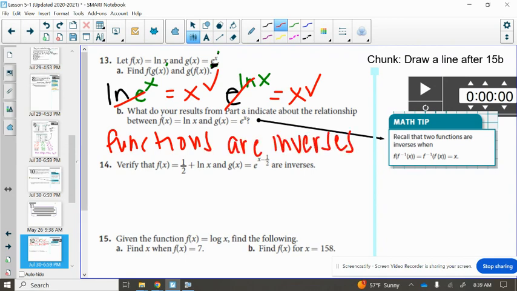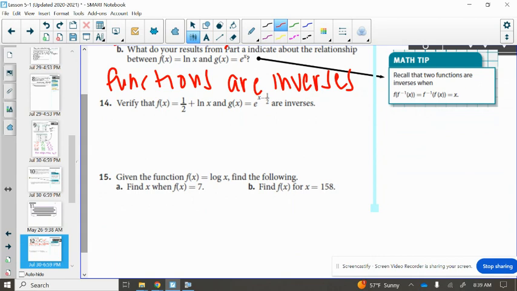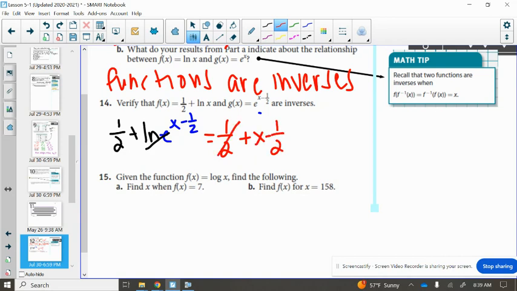All right, and if we check out one more example like that to verify with these properties, again, if I take my f of x value, 1/2 plus ln of x, I'm going to plug in for x my second part here, so e to the x minus 1/2 power. Well, these cancel, right? And we are left with 1/2 plus x minus 1/2, a positive minus a negative of the same thing, which gave us just the x.